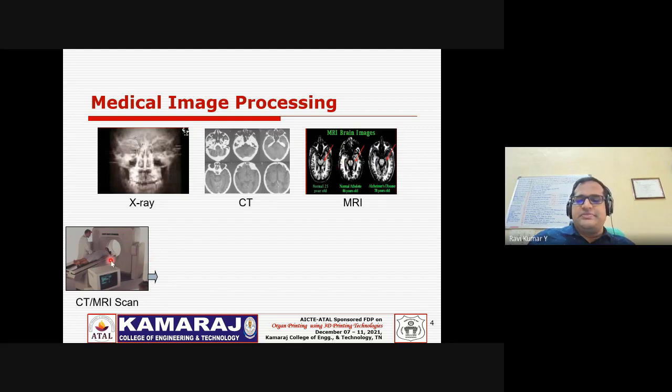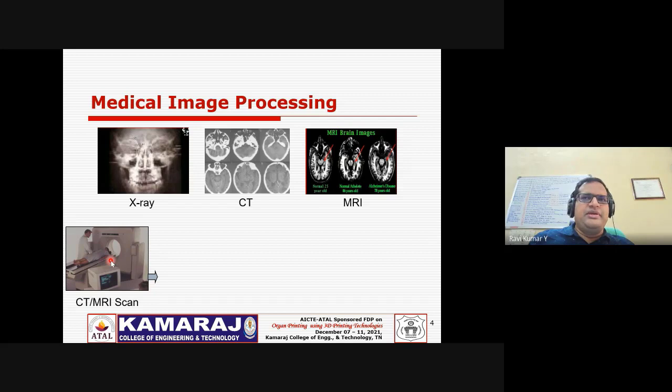So that's going to be the start point of your medical 3D printing journey.